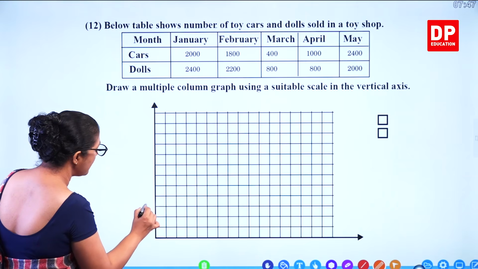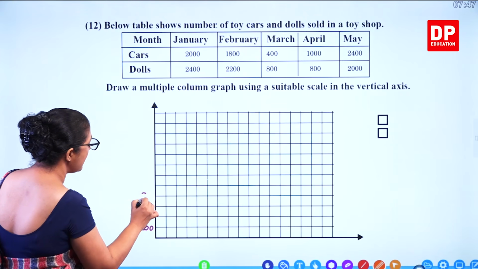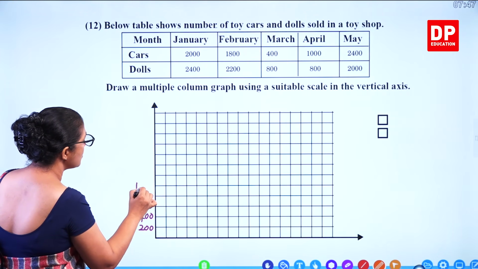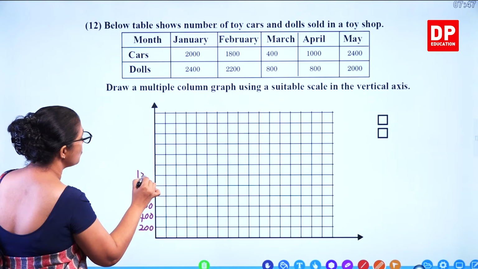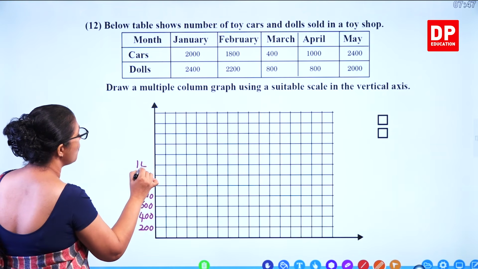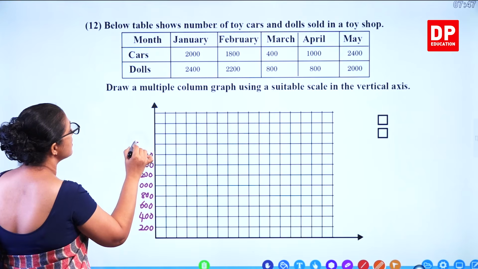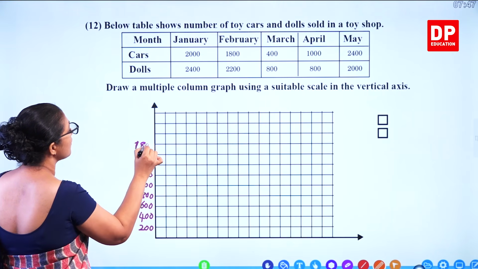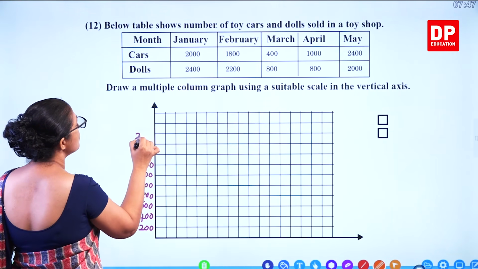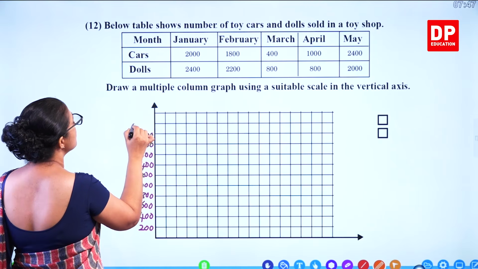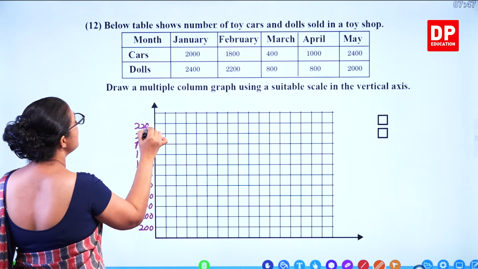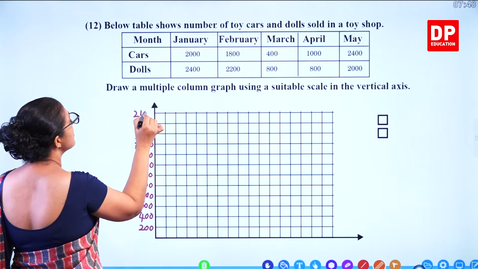200, 400, 600, 800, 1,000, 1,200, 1,400, 1,600, 1,800, 2,000, 2,200 and 2,400.